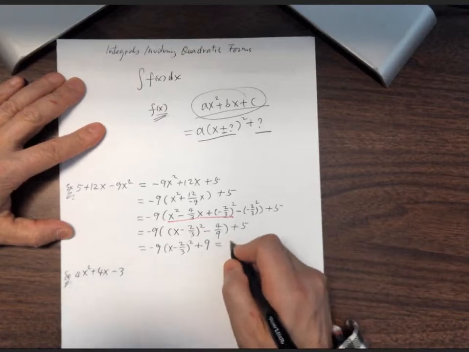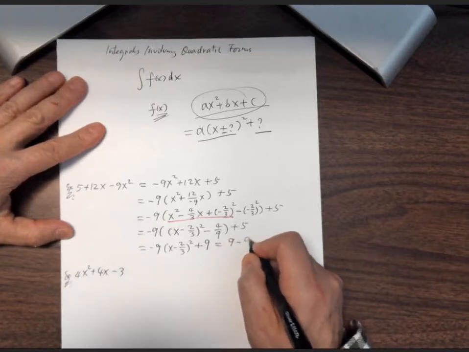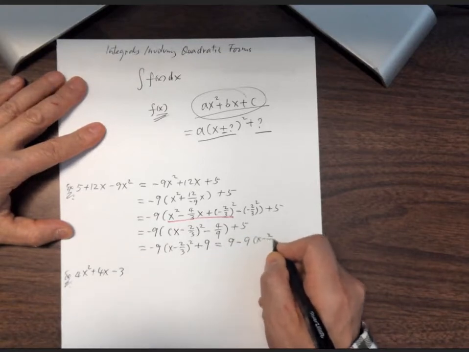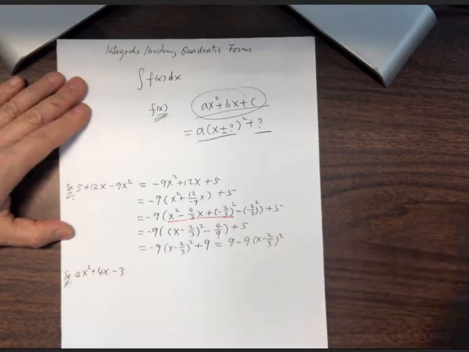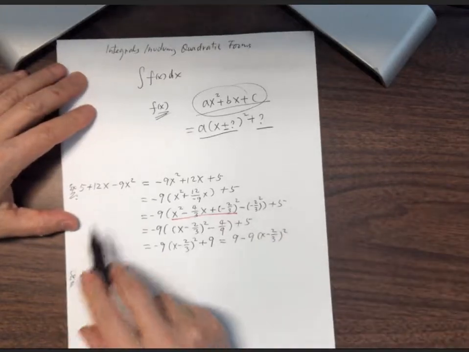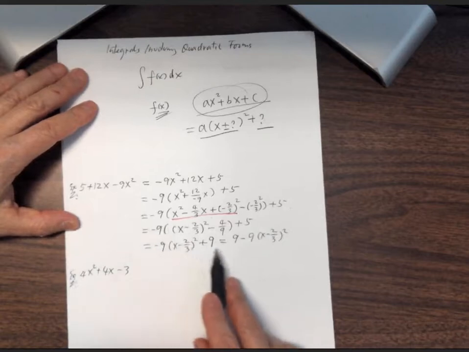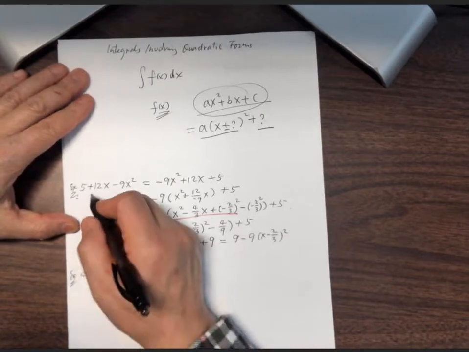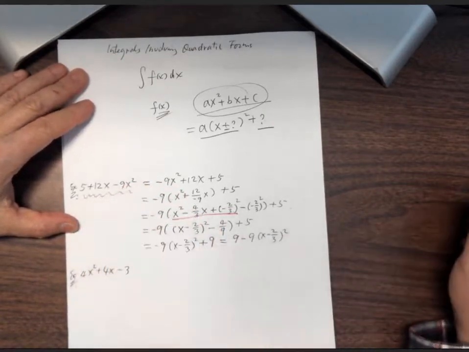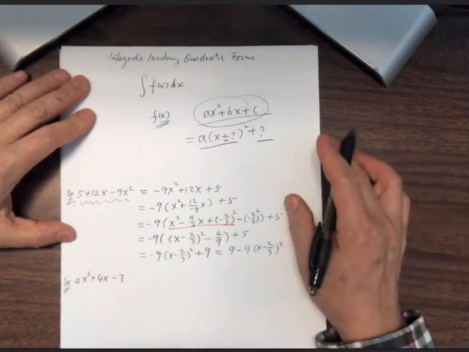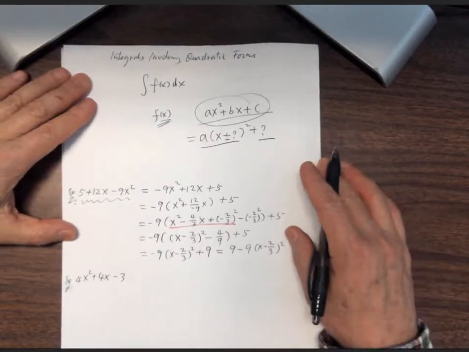Or I can rewrite it as 9 minus 9 times (x minus 2/3) squared. This way we completed the square of the given quadratic polynomial or quadratic form.